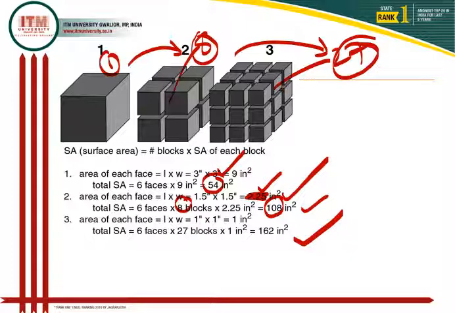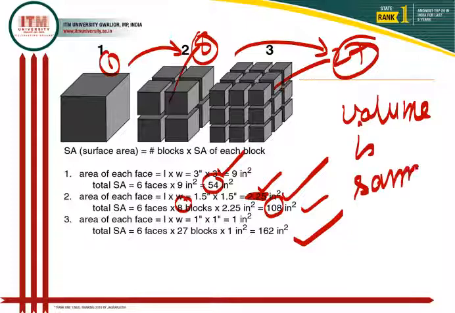So we can conclude this here. The surface area is continuously increasing, but the important thing is volume is the same. Volume is not increasing anywhere. So the surface is always increasing, but volume is not increasing.